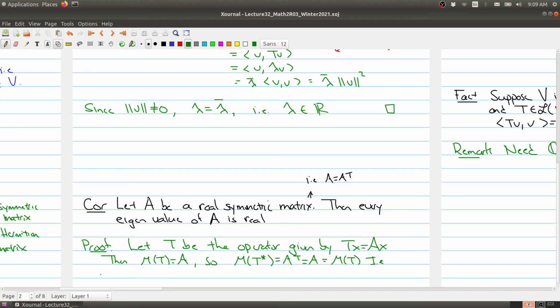So T star is equal to T. So the operator here is self-adjoint. So apply the above result. We know that this operator has to have real eigenvalues.